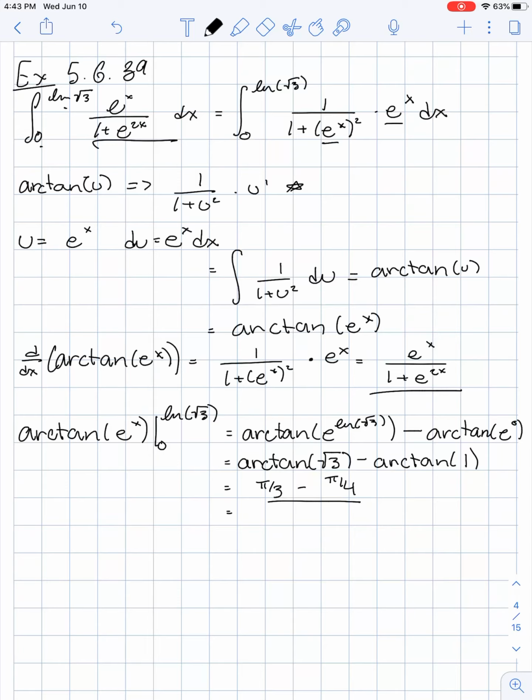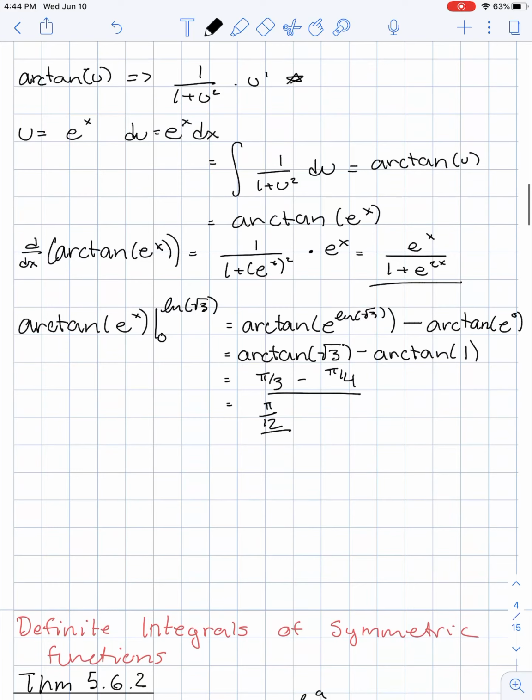And then you could take it one step further if you wanted to, and I think you get pi over 12. Let me check the back of the book because this is an odd number. Heck yeah, pi over 12. All right, so you could have left it as pi over 3 minus pi over 4, it's totally fine. But pi over 12 is just as acceptable as an answer.